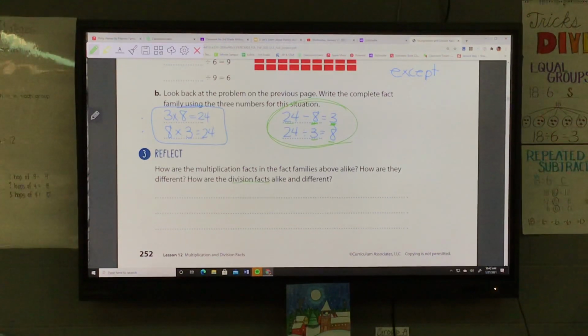Okay, once you have that, let's take a look at the page next door. Miss Sophie, you wrote they equal different quotients? Yeah, that'll work.